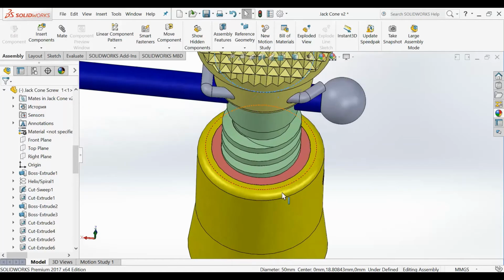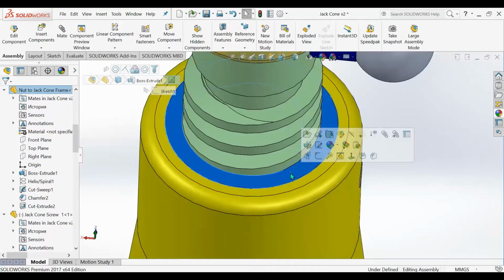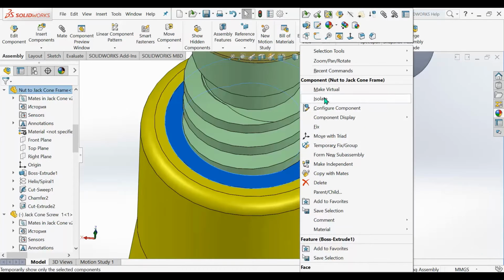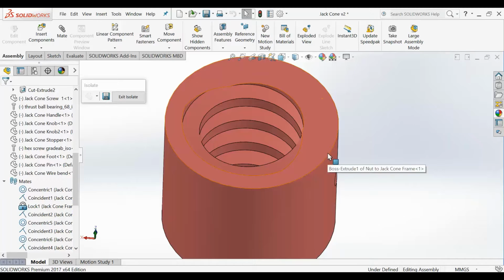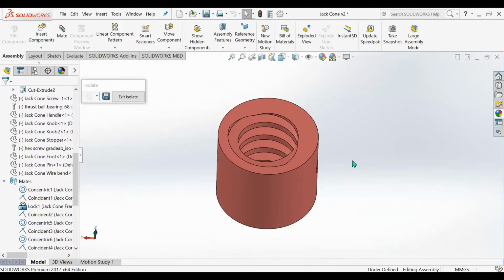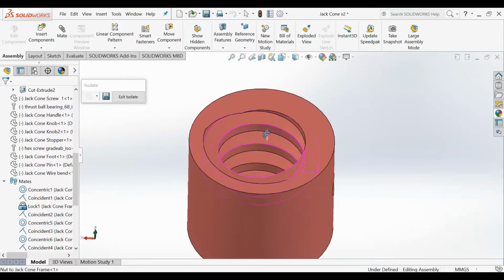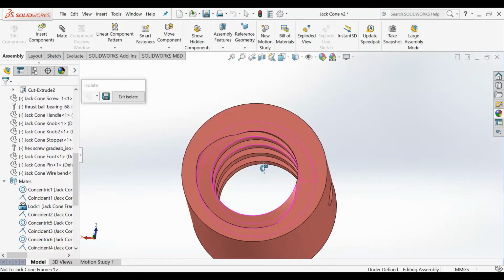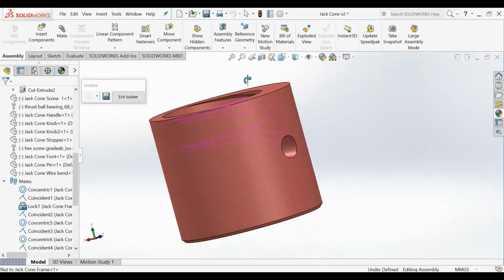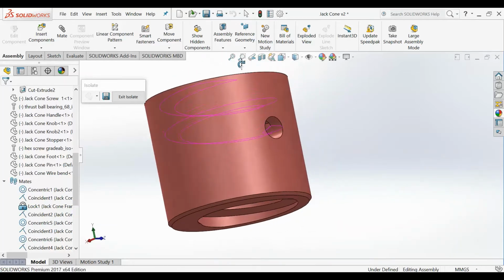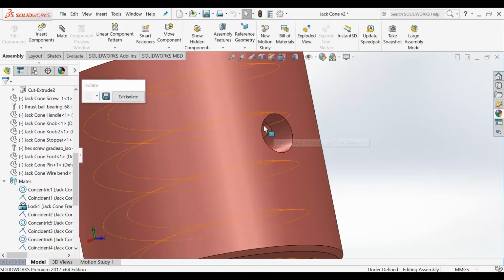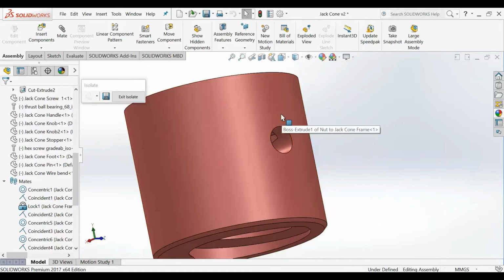Next element is a nut. Nut is usually a cylinder with thread on the inner surface. And this hole we use to fix the nut into the frame.